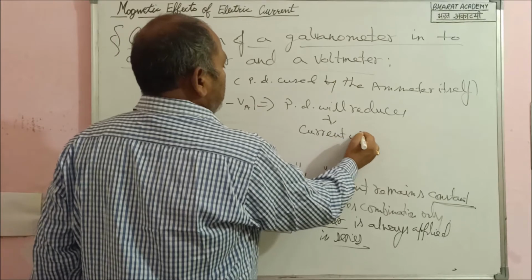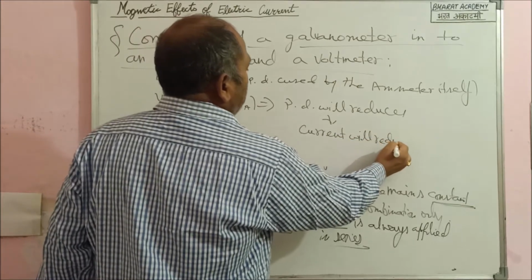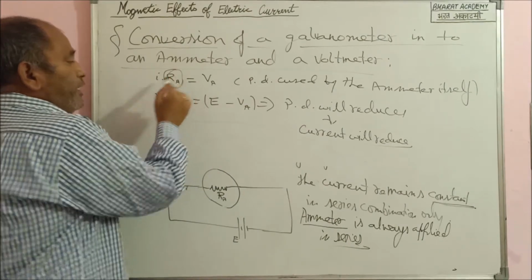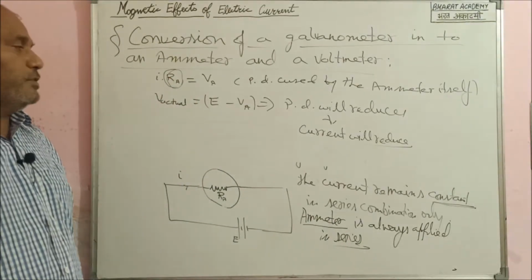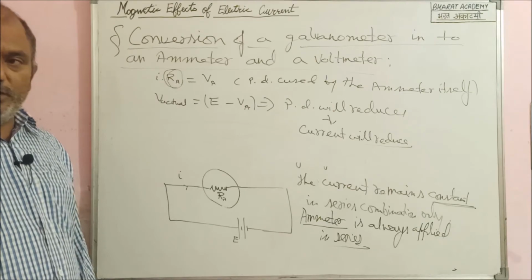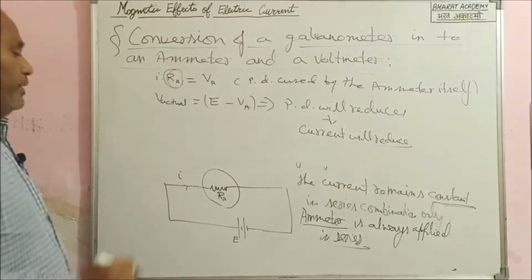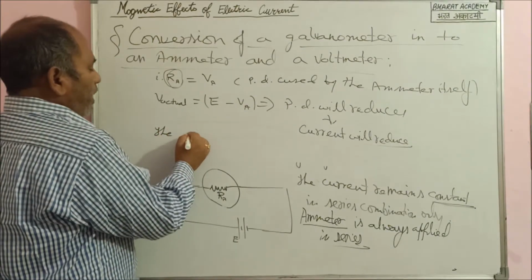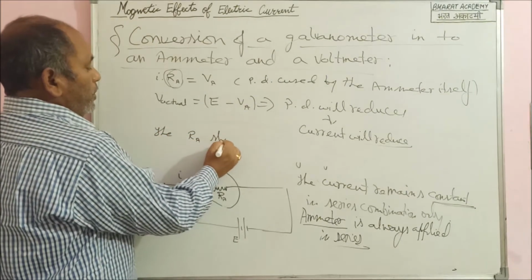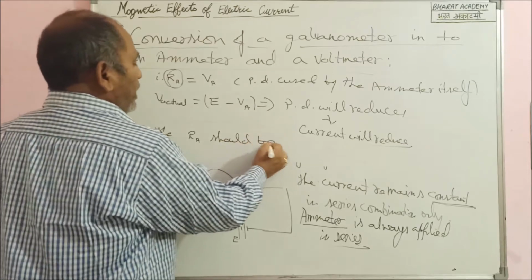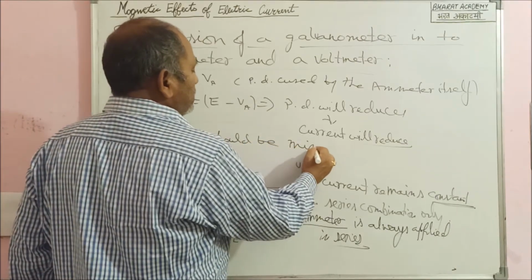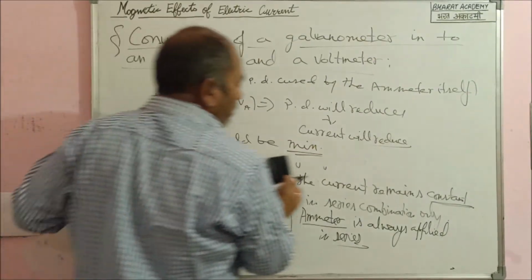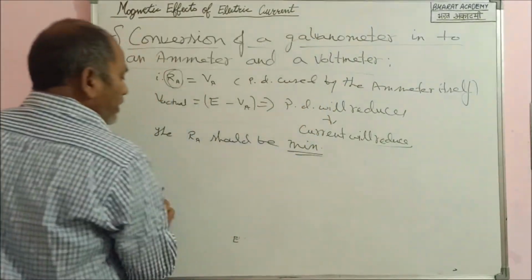Means the higher the value of RA, the higher will be the potential difference used by the ammeter. So in order to measure actual current, the resistance of an ammeter should be minimum, so that a minimum PD is used by the ammeter.